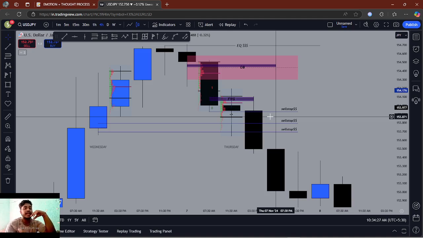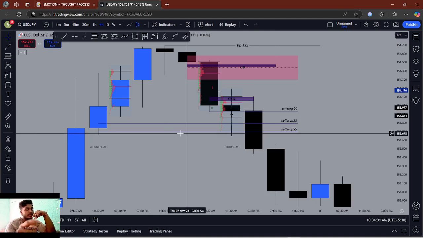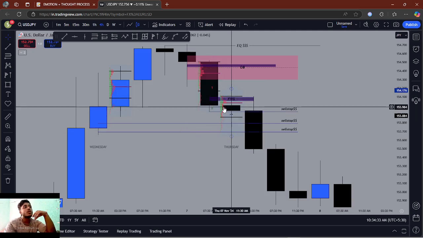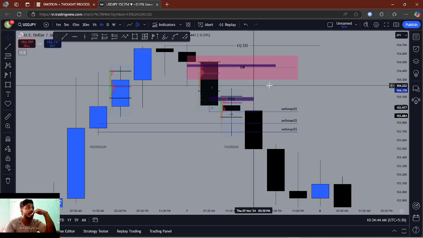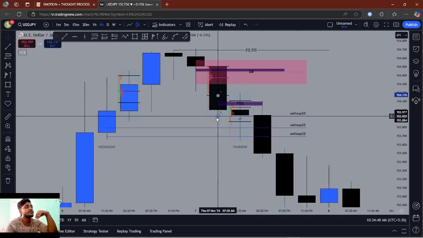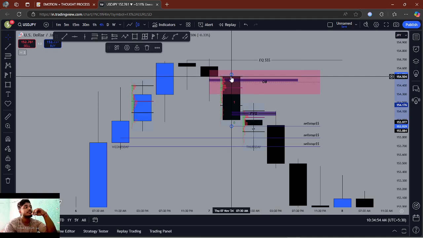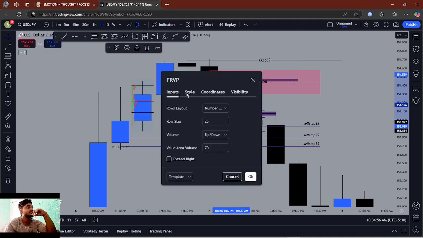First, it can take liquidity from a specific point of interest, and then go into the fair value where buyers and sellers can agree. For this specific 4-hour candle, I can see this is the POC and these two black lines here. Let me just make this white so you guys can see.